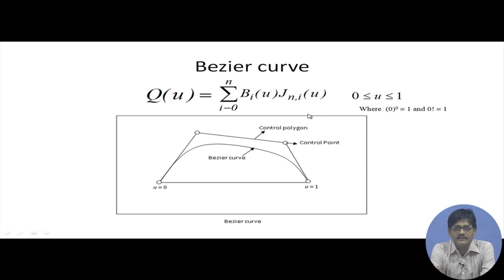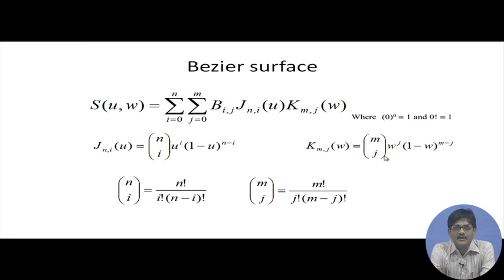Let us have a look at this particular polynomial, how it looks like. This is the equation of the Bezier surface, which we will be taking up in more detail. This is the Bernstein polynomial, and let us have a quick look at what it looks like.